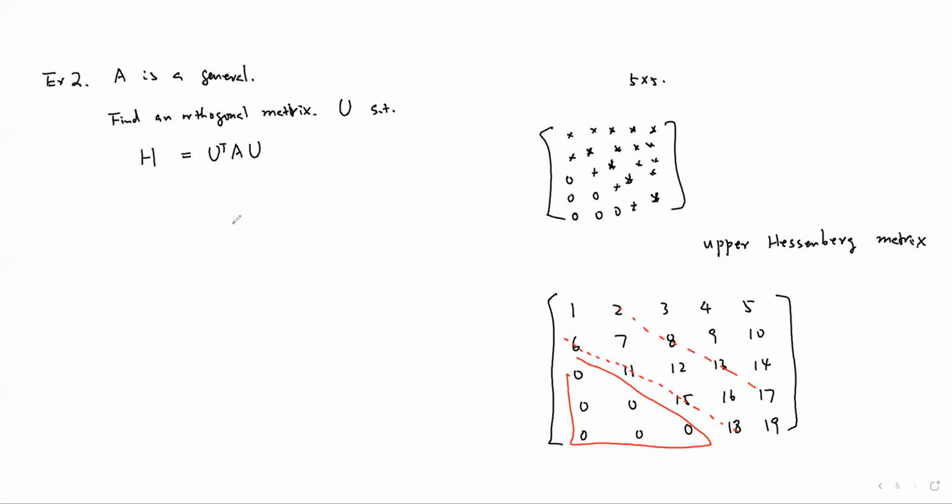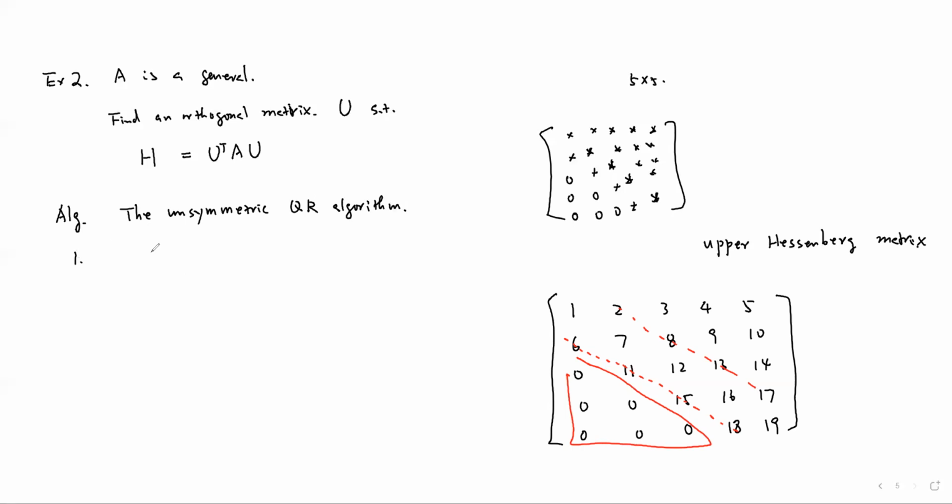Then perform the QR algorithm on H. This is also a version of the QR algorithm, a practical version. The name for this algorithm is the unsymmetric QR algorithm.